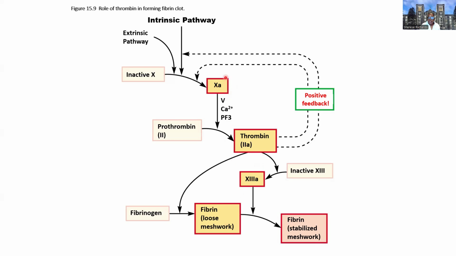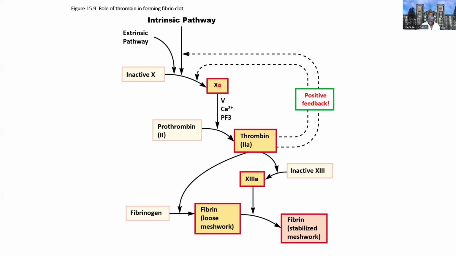So we go from factor 10A to thrombin, right? 10A actually helps to activate prothrombin or factor 2 to thrombin, factor 2A. And what is required for that is factor 5, calcium, and platelet factor 3 or PF3.